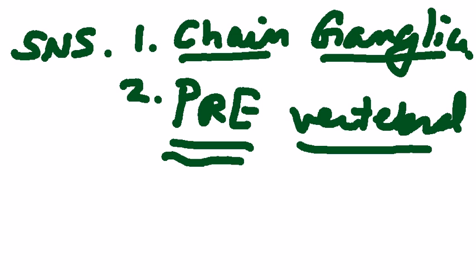So here's a really simple cartoon of the locations of the sympathetic ganglia. These green dots here represent, of course, the paravertebral ganglia. They're paired, so you have one on each side of the body, and they run up and down alongside the vertebral column, and so these are the paravertebral sympathetic ganglia.